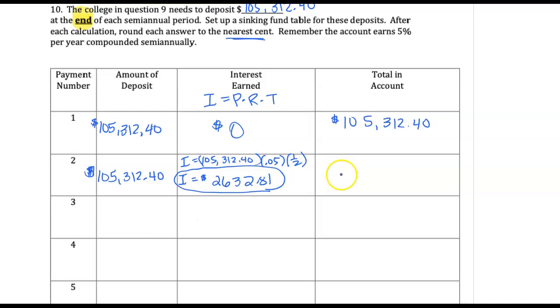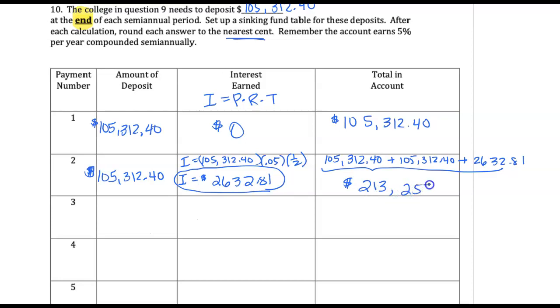How much is in the account used to be the previous value of $105,312.40, plus another payment of $105,312.40 was made, plus we now accumulated some interest of $2,632.81. Putting all of this together, we get $213,257.61.